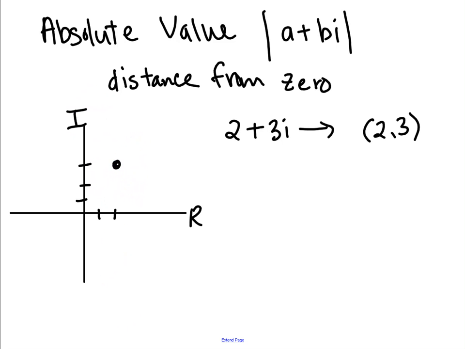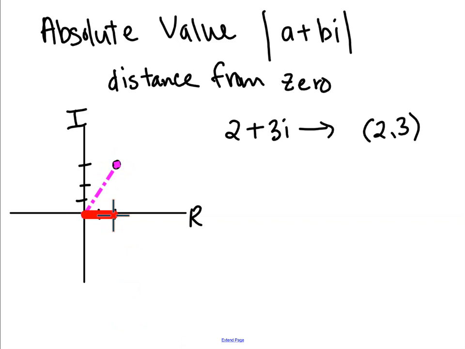So the distance from 0. It appears as though this right here is the origin. That's 0. This is the distance I'm asking about. How do I find that?